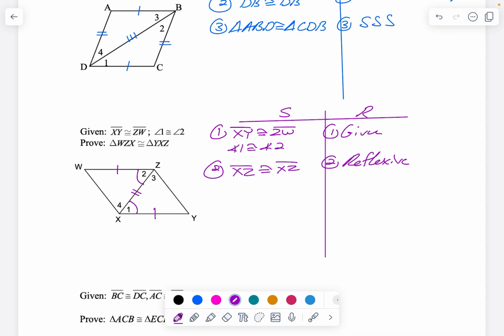And notice we have side, angle, side now. And so we can say triangle WZY congruent to triangle YXZ by side, angle, side.